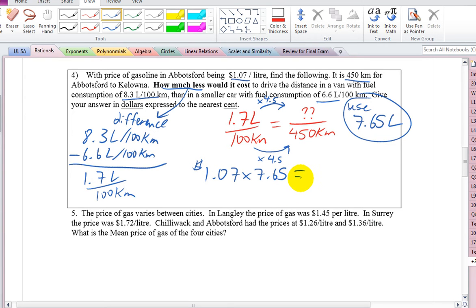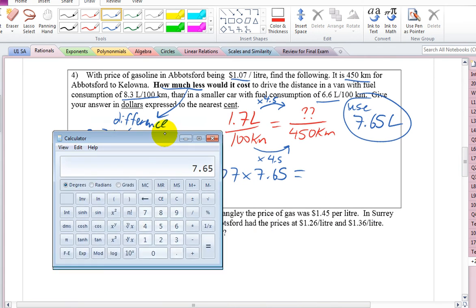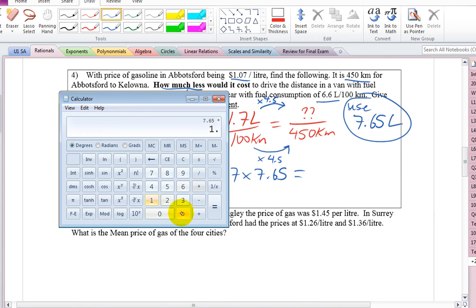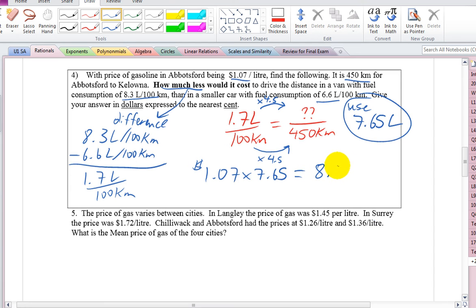What does that equal? Yeah, so make sure you round. $8.19. Okay, so $8.19 less. That's the cost difference.